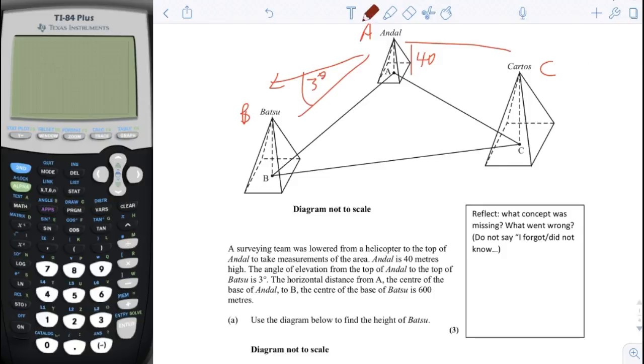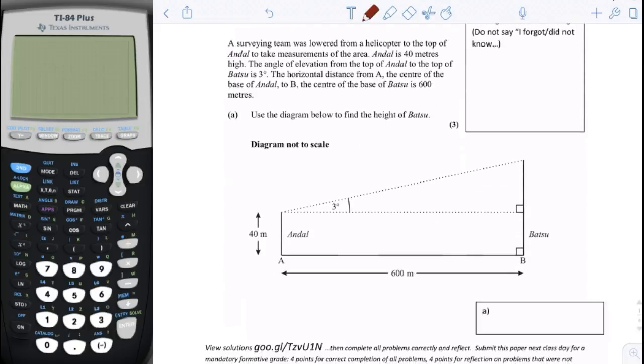And the horizontal distance from A to B is 600 meters. Okay, so they have a very nicely drawn diagram here. 600 meters from the base of one pyramid to another. Andal is 40 meters high, and to look up at the top of Batsu, they look with an angle of elevation of 3 degrees.